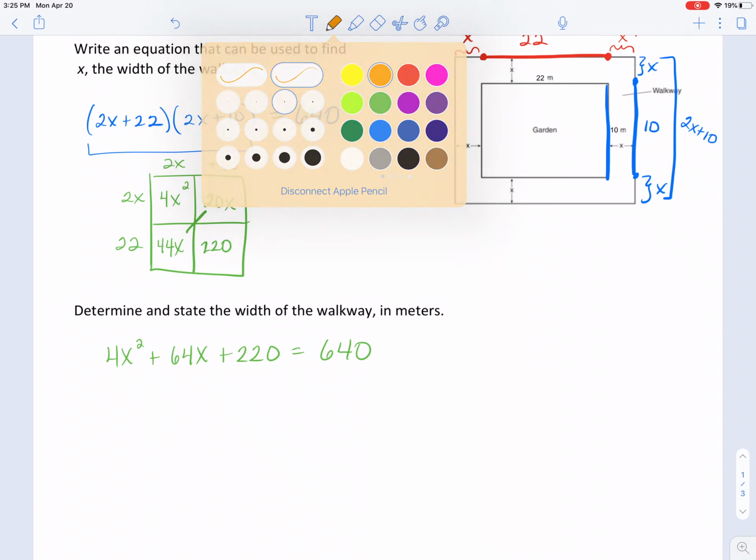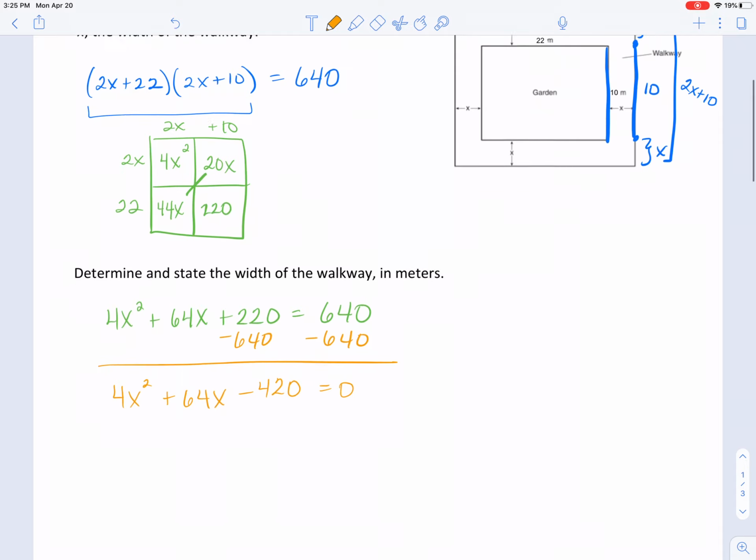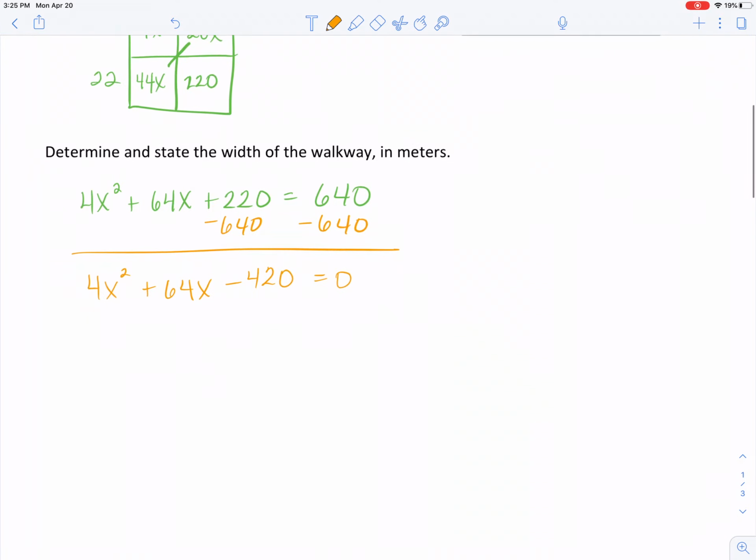Then I'm going to subtract 640 on both sides. And I'm going to get 4x squared plus 64x minus 420 equals 0. Okay.